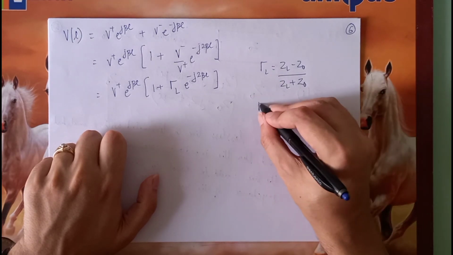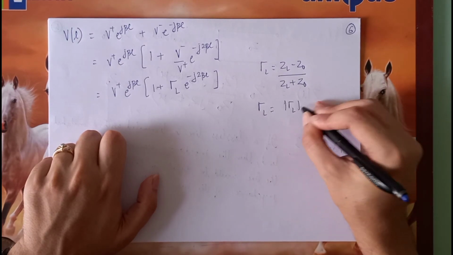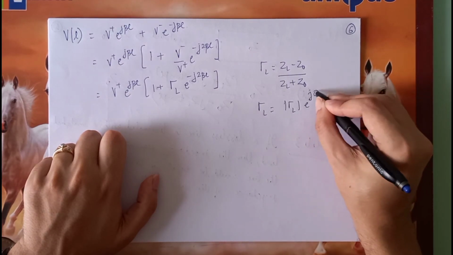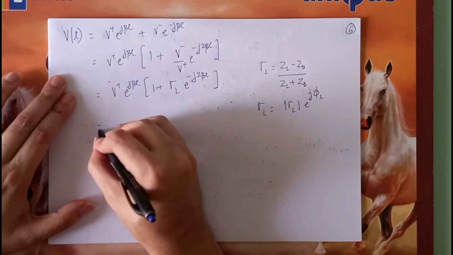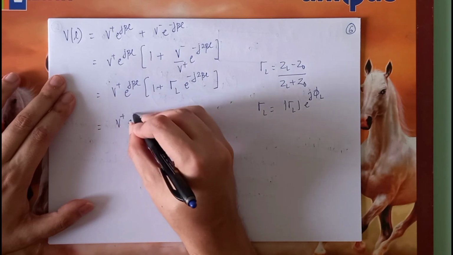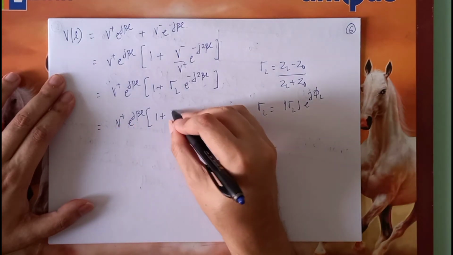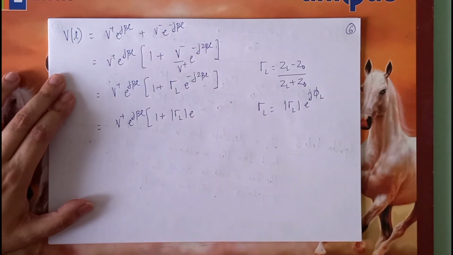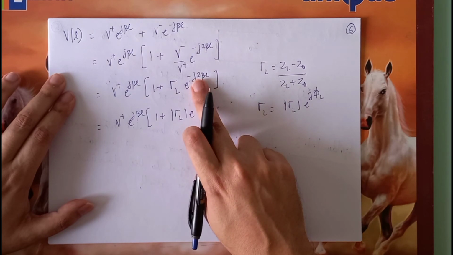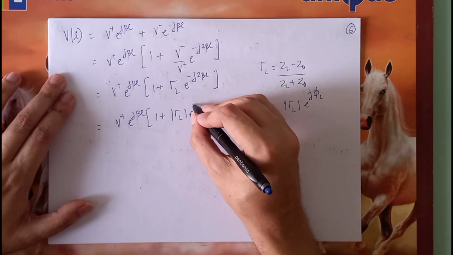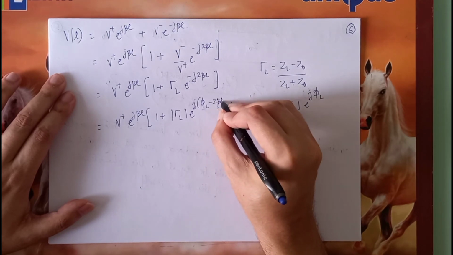So we can represent gamma L in the polar form where we have its magnitude and some phase, let's call it phi L. Now this e raised to j phi L and this e raised to j term can be combined and written as phi L minus 2 beta L.